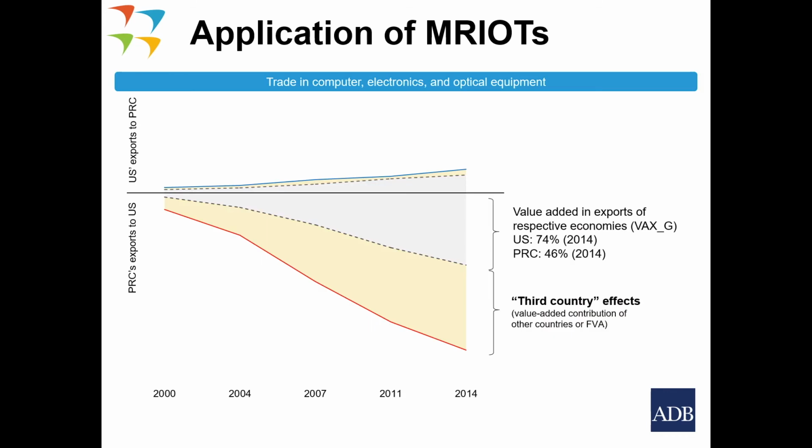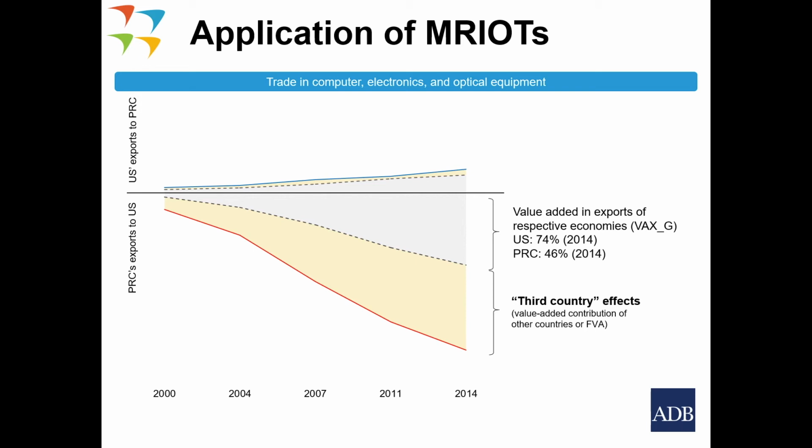MRIOTs reveal the multilateral nature of bilateral trade balances in the age of global value chains. Our team has performed some analysis using the ADB-MRIO. For example, taking a look at the PRC-US trade in computer, electronics, and optical equipment sector, we see that 74% of value added in exports in the US are domestically produced.